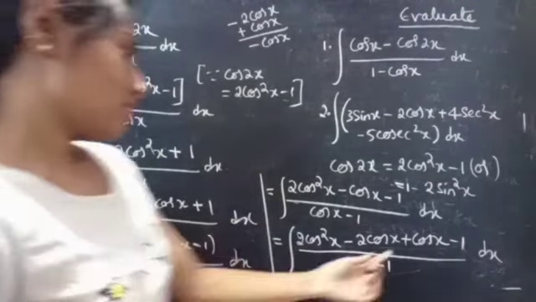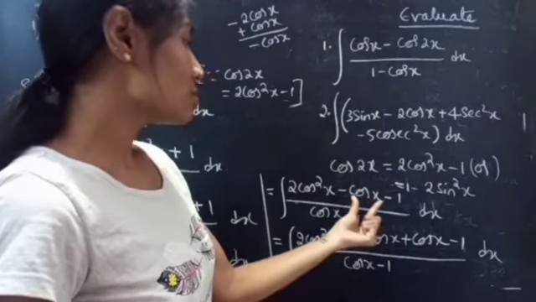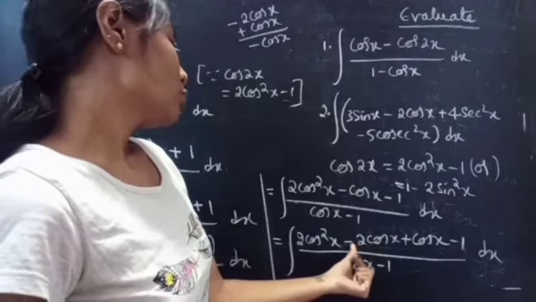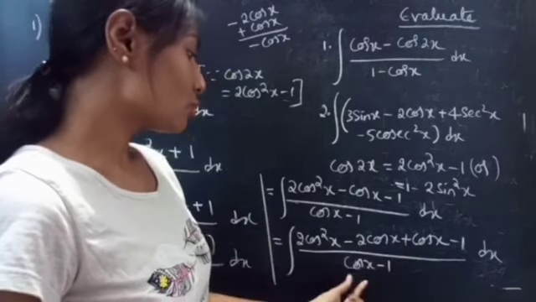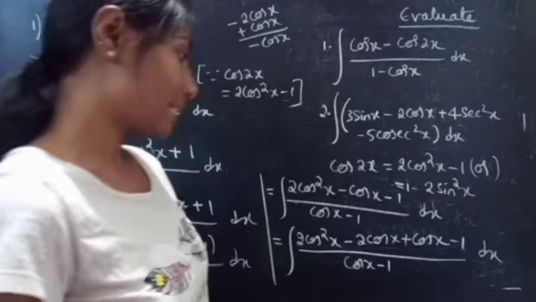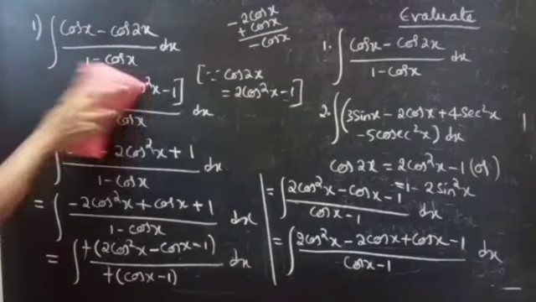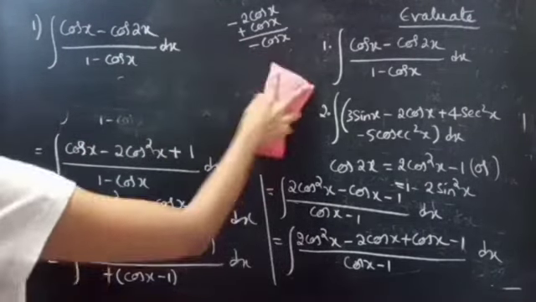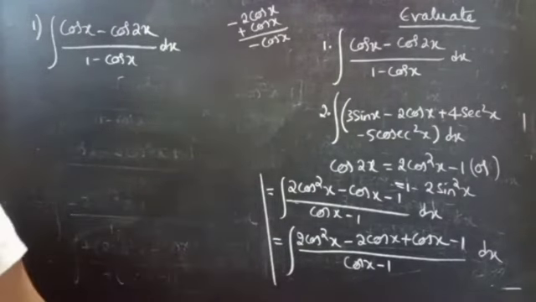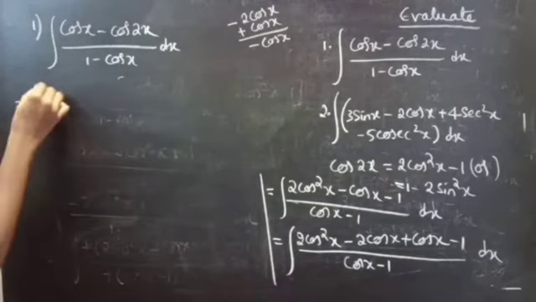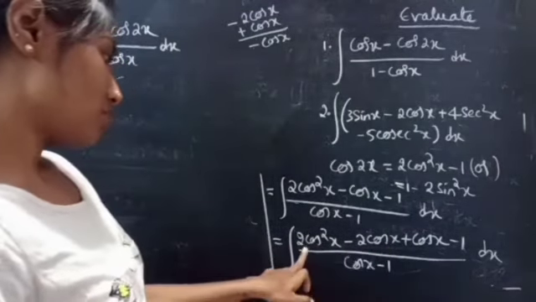Okay. Why are we writing this? Because we need to cancel the denominator. If you change this minus cos x to minus 2 cos x plus cos x, we can write the numerator in terms of cos x minus 1 by taking common. So this equals integral. See here you're having cos square x and cos x, you're having 2 also.